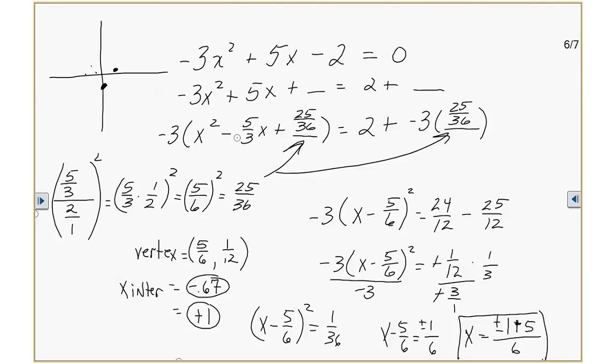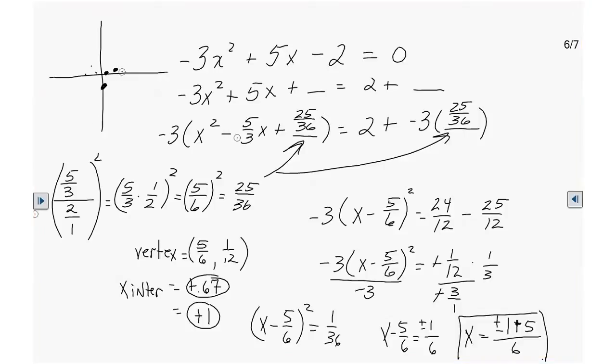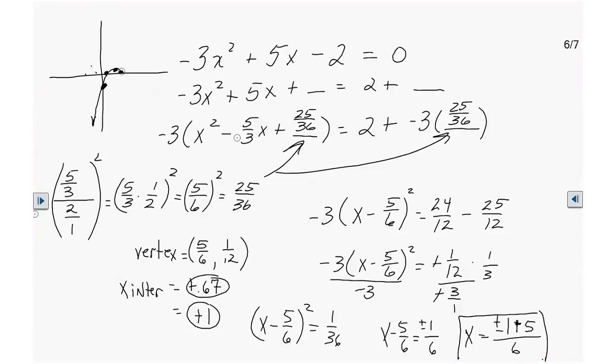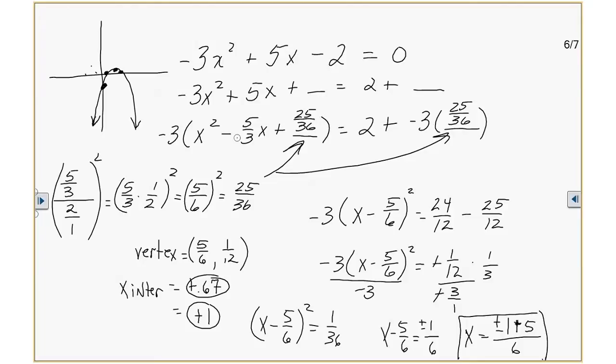And then negative 1 plus 5 is 4, so that's going to be a positive. So now it looks better. 0.67 and positive 1, which is right in here. Something like that, because that's 7/8, so it looks something like this. All right, now check your graphing calculator and check to see if it looks like that.